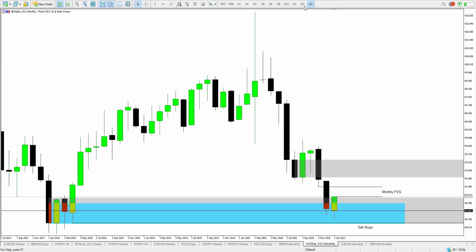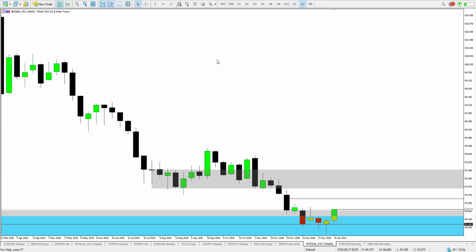So if I go to a weekly time frame, now remember I highlighted this bearish order block to say when price comes here, you must look to be a what? A seller. It came back on a weekly time frame. It tested that level 2 times and market traded lower.